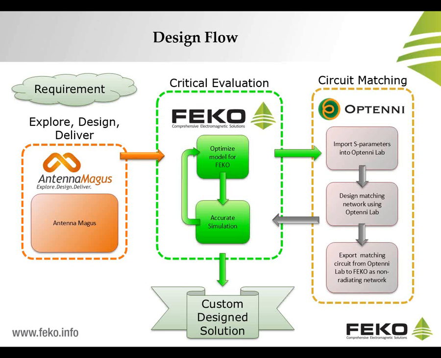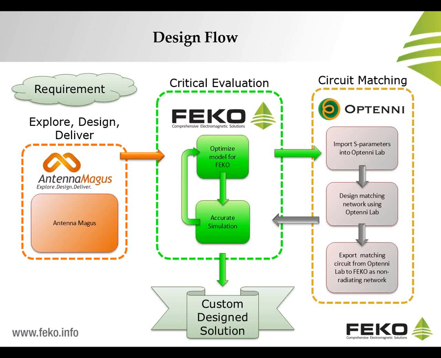In FEKO, we are going to evaluate this design critically to see whether it succeeds in delivering on our requirements. And then we might want to use Optenni Lab to design a matching network to give us better impedance performance of this antenna system. Eventually, we will end up with a custom designed solution to our specifications.